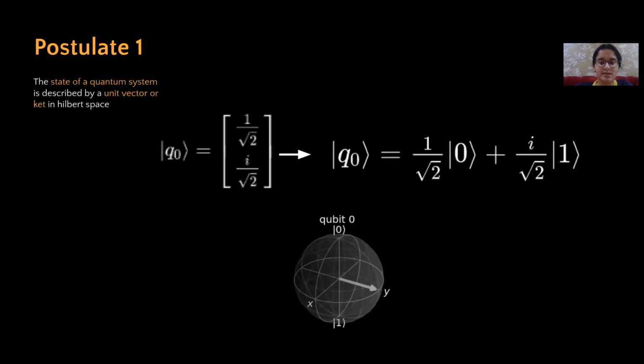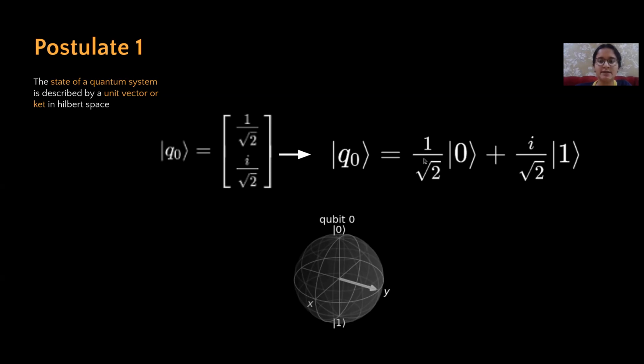Postulate 1 tells us how we can represent a qubit as a superposition of ket0 and ket1, where these two numbers are the coefficients of ket0 and ket1 and are also known as amplitudes. So we know ket0 is a column matrix with 1 and 0 in its entries, and ket1 is 0 and 1.